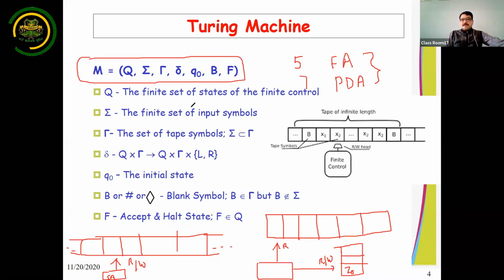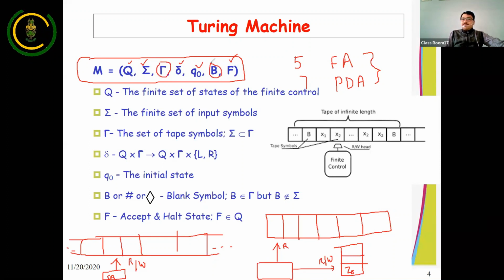Just see how. In this case, the tuples are Q, sigma, delta, Q naught, F. These 5 tuples are common or the same as finite automata. Now, 2 more tuples are, first one is tau and another one is B, that is blank, right?